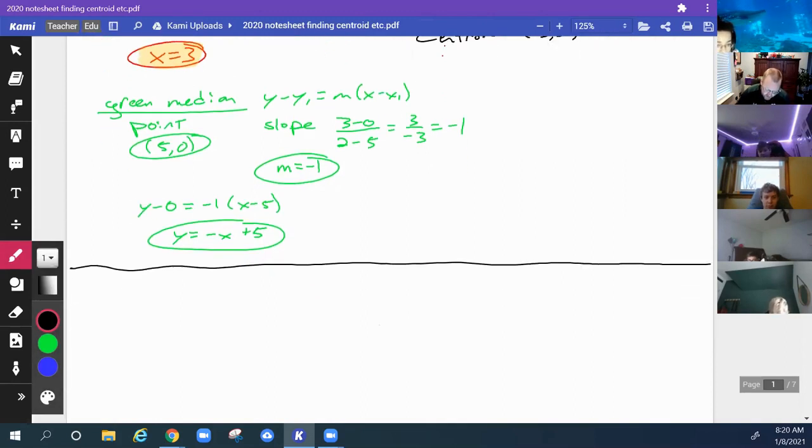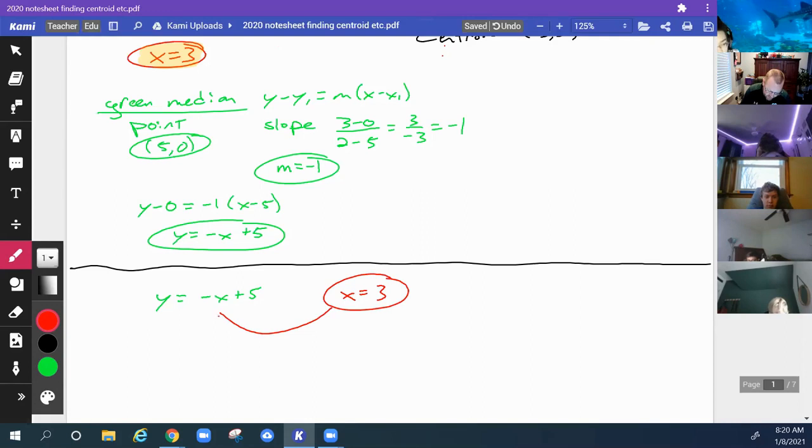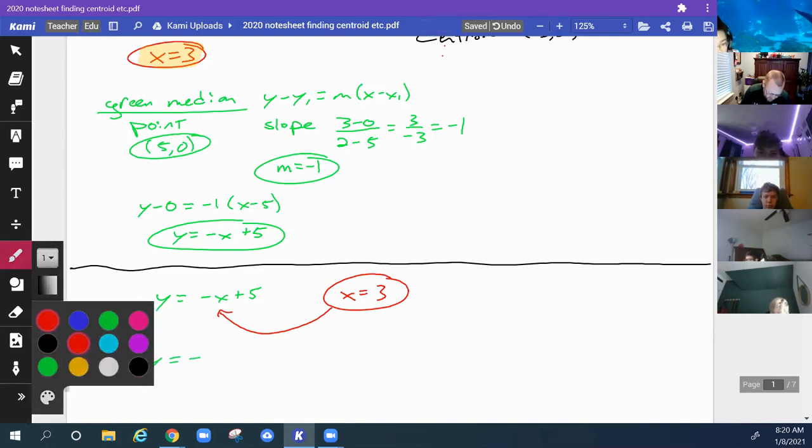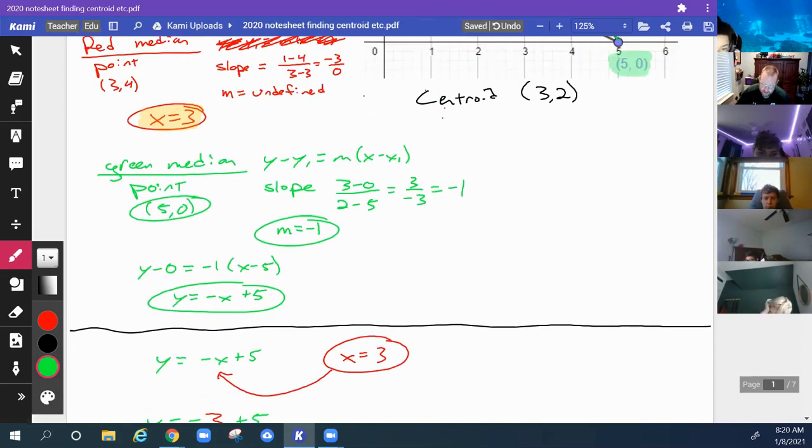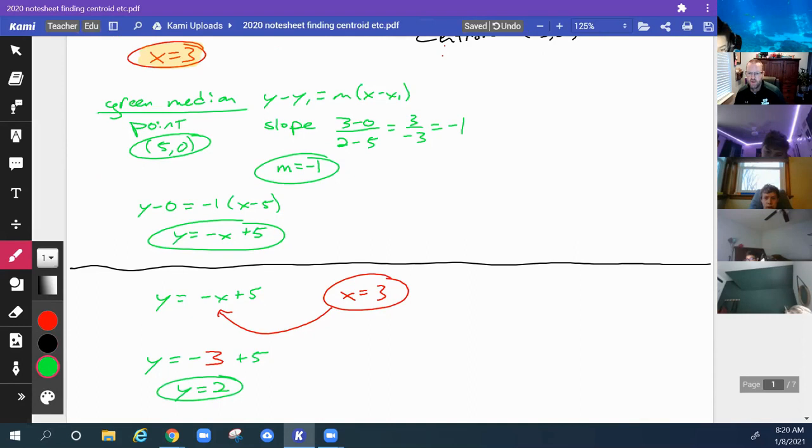So if I would have chose the green equation, which is y equals negative x plus 5, and the red equation, which is x equals 3, I could plug this in. So that gives me y equals negative 3 plus 5. So then y would equal 2, which is the same answer that we found. So really what I want you to understand is that there are three medians. You have three choices of equations.